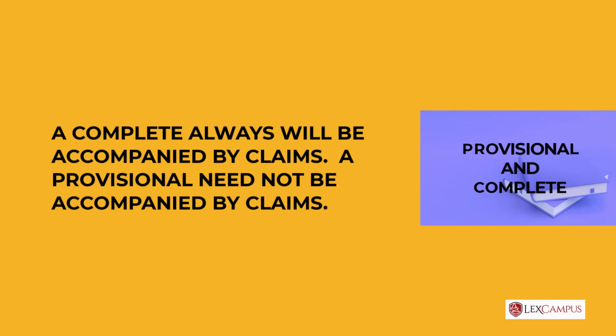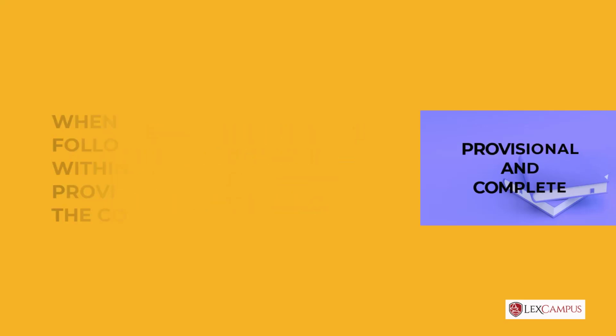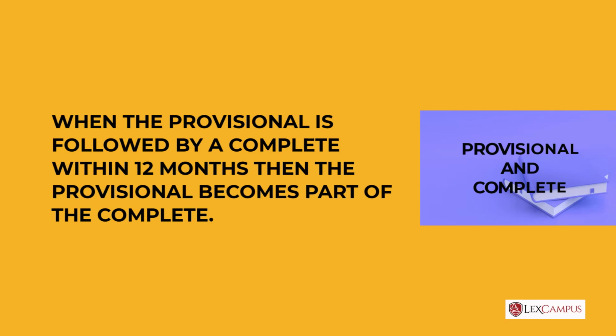Now, provisional is, as the word means, a time-bound application. It is meant to serve a limited purpose, but the limited purpose is when it is followed by a complete within 12 months. When it is followed by a complete within 12 months, then the provisional becomes a part of the complete.